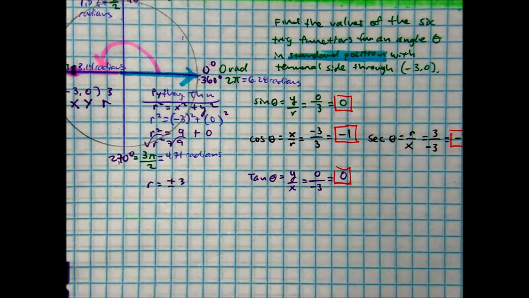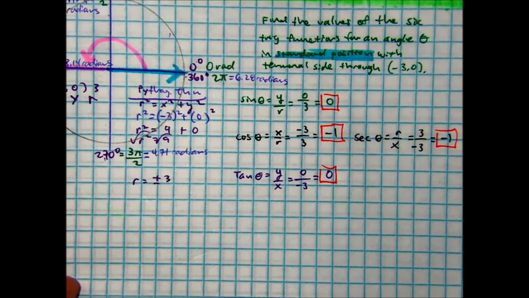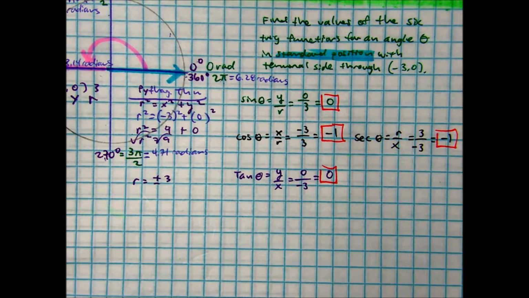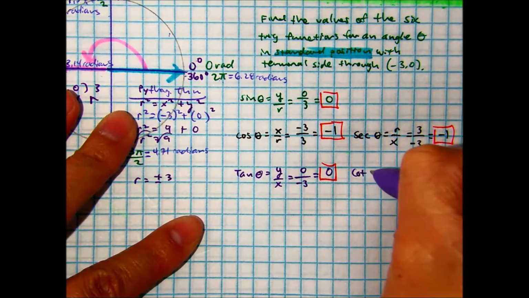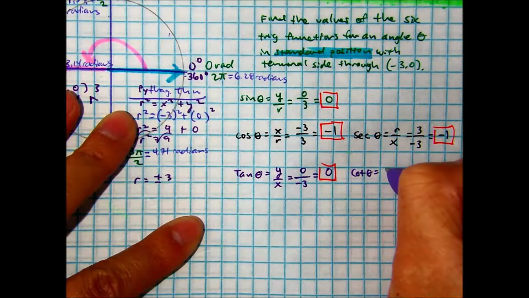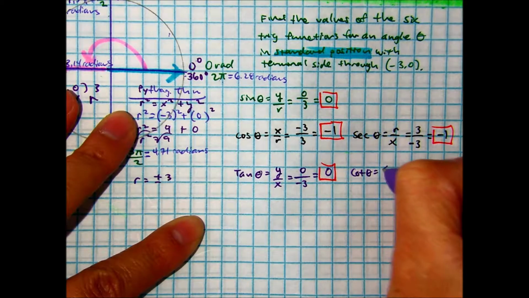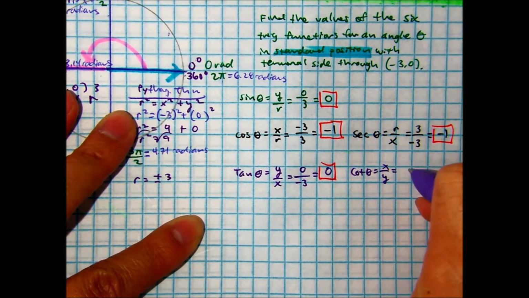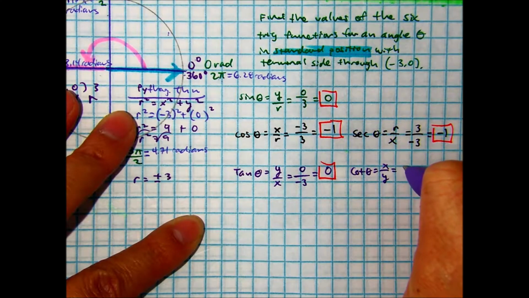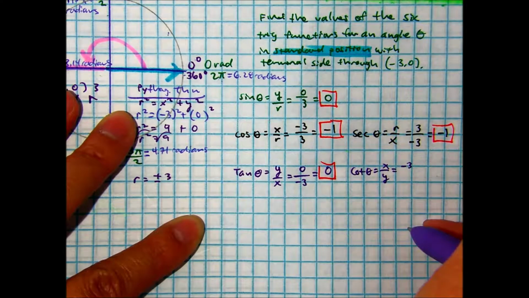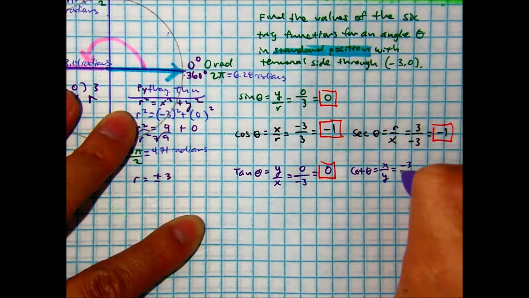Valerie? Pick one. Cotangent. Letters? Numbers? Answer?